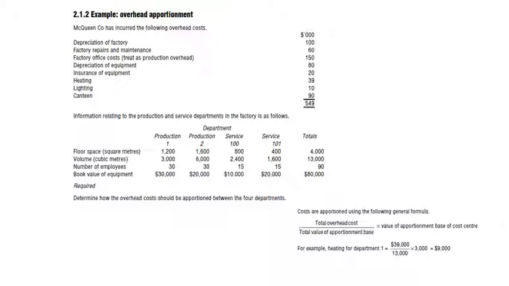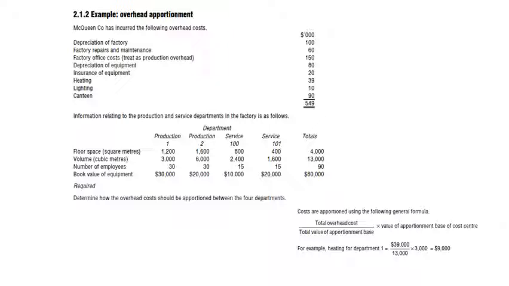Then the volume: production department 1 occupies 3000 cubic meters, production department 2 occupies 6000 cubic meters, service department 1 2400 cubic meters, and service department 2, which is 101, 1600 cubic meters, and the total volume of the whole factory is 13,000 cubic meters.